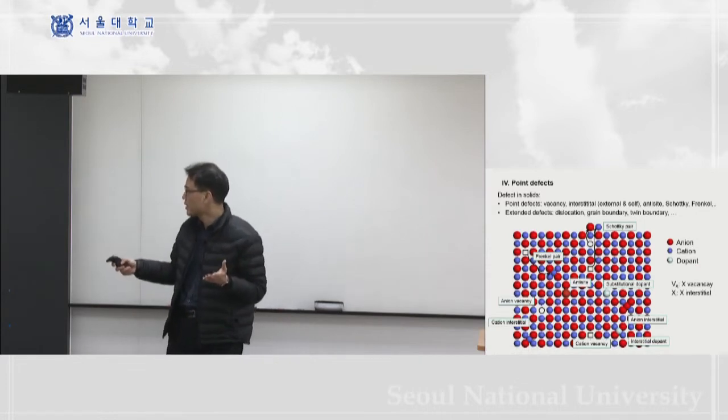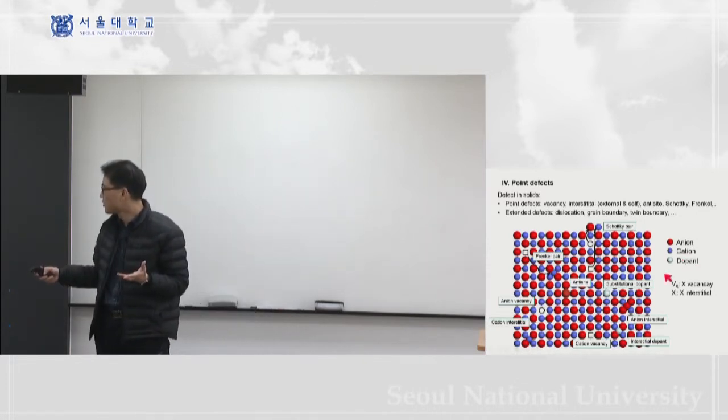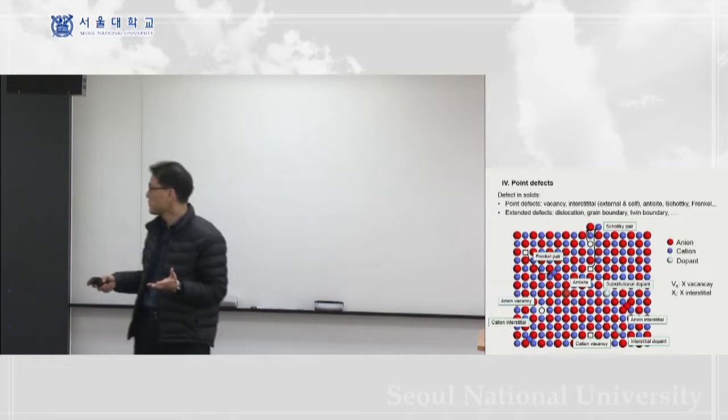This is a schematic picture of a binary ionic material. The most well-known might be the vacancy, because sometimes the anion site is vacant or the cation site is vacant. Such a defect that has empty sites is called a vacancy.